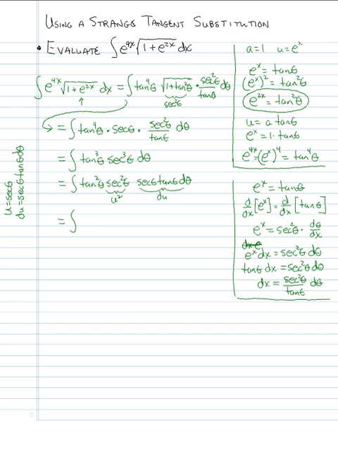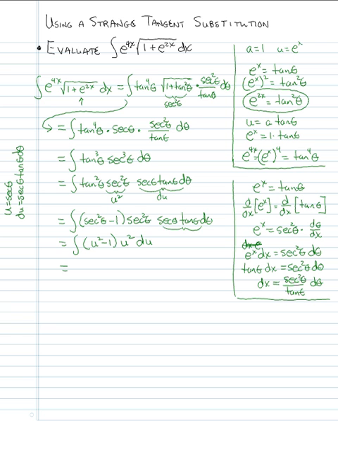So tangent squared, of course, is secant squared theta minus 1 times the secant squared theta that we already have here, times the secant of theta tangent of theta d theta. So as we do our conversion, this ends up being the integral of u squared minus 1 times u squared, and of course all of this is the du again, so times du, or with respect to u.